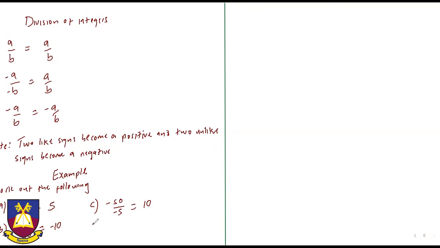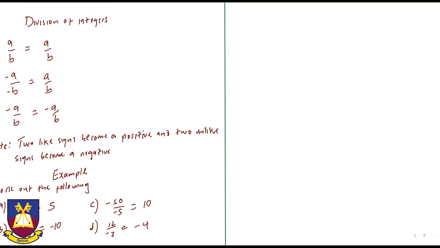It doesn't even matter whether the sign is up or down. Because if I have maybe 12 out of negative 3, the answer will still be negative 4. As long as the signs are different, the result is a negative. As long as the signs are the same, the result from division is always positive.